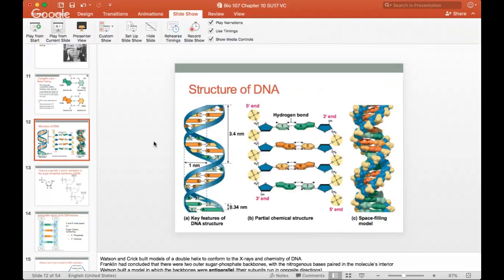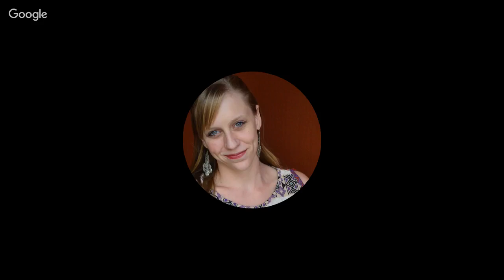And I can actually make this a lot bigger. There we go. So we've got a phosphate on a sugar, and a phosphate on a sugar. And then off of the sugar is where we have our base. Let's just look at our backbone, because we have some notation here. This is our 5' end. Our 5' end has a phosphate group, and our 3' end has an OH, what we call a hydroxyl group.